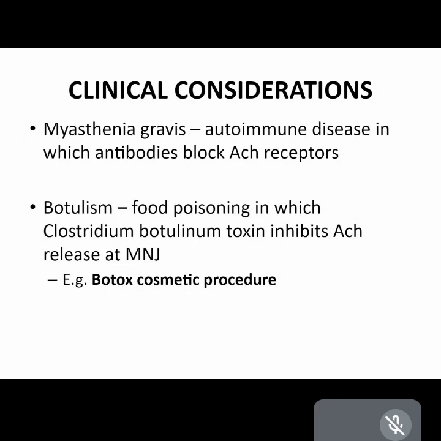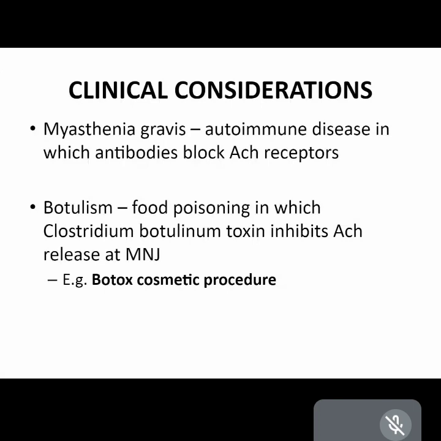So myasthenia gravis is more on weakening of the muscles. And then the second disease is botulism, that is the food poisoning, in which the Clostridium botulinum toxin inhibits acetylcholine release at the myoneural junction. Clostridium botulinum is usually found in spoiled foods.